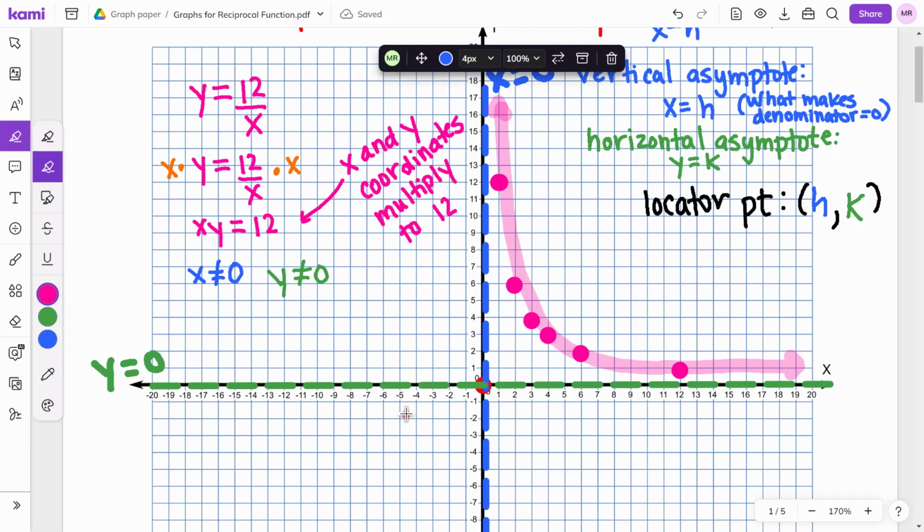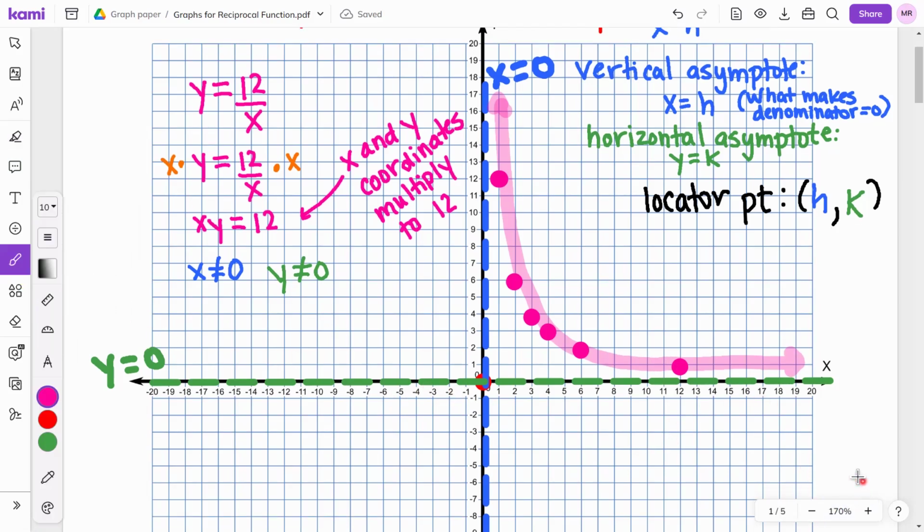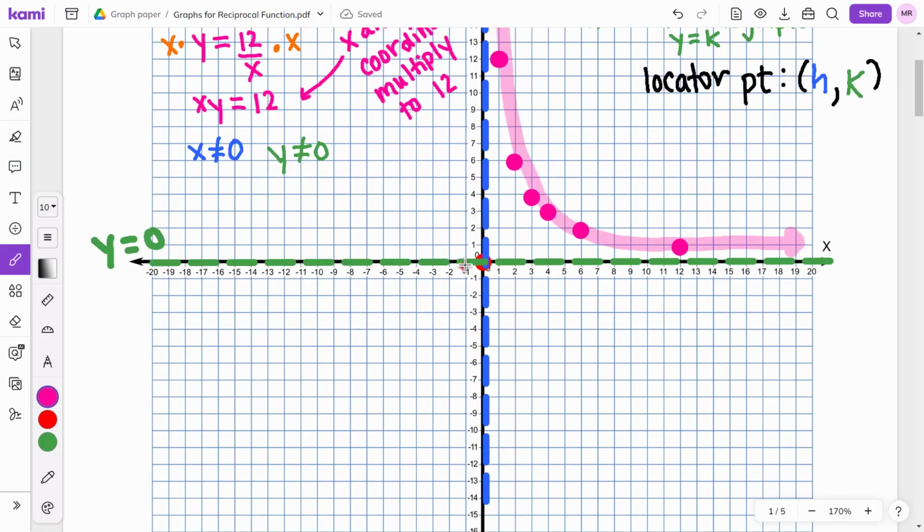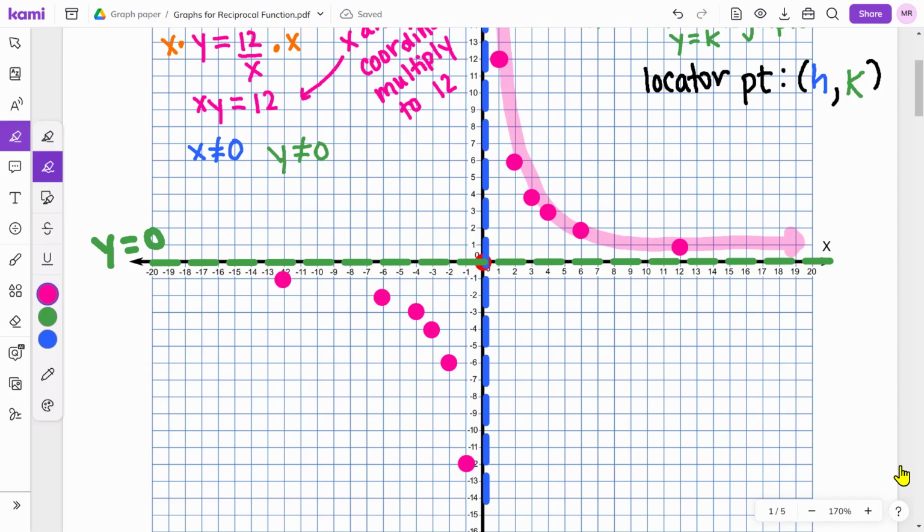Okay. Now, I can also multiply negative numbers. So I am going to go to -1 because -1 times -12 multiplies to a 12. -2 times -6, -3 times -4, -4 times -3, -6 times -2, and then I'm going to go out to -12 times -1 because a negative times a negative is a positive.